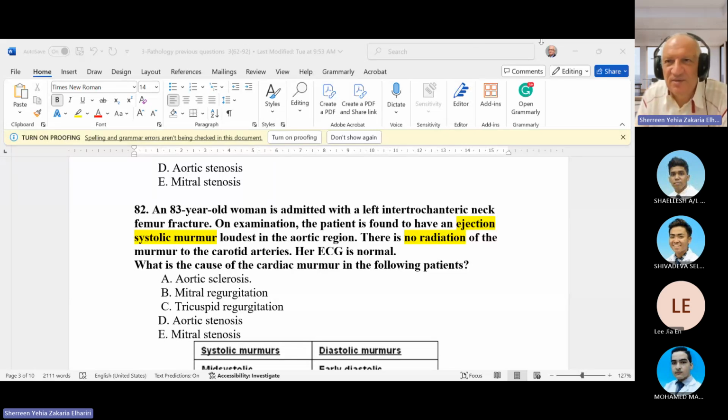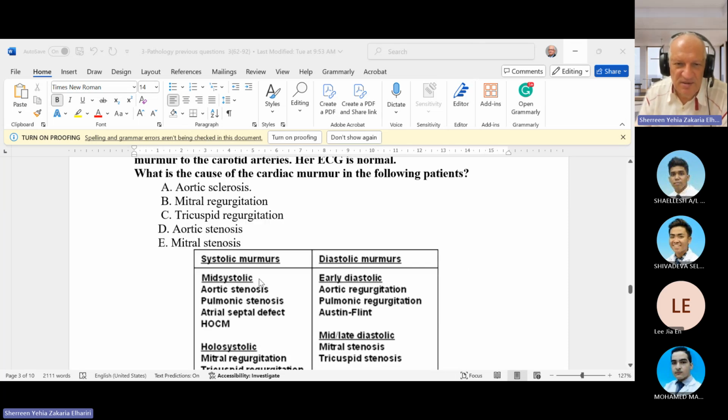So we can see the scenario. Systolic murmur loudest in the aortic region, so it is aortic something. Most probably it can be aortic stenosis, but not radiated to the carotid artery, so it is not aortic stenosis. So we call it aortic sclerosis. ECG normal, so this is aortic sclerosis.